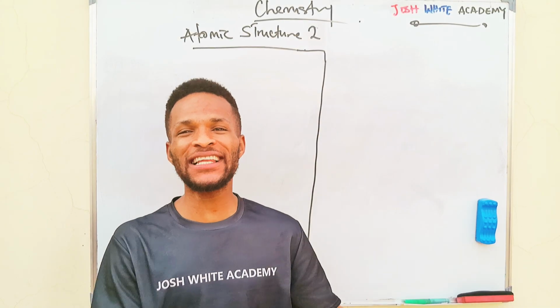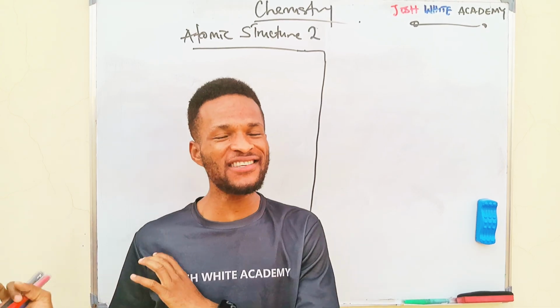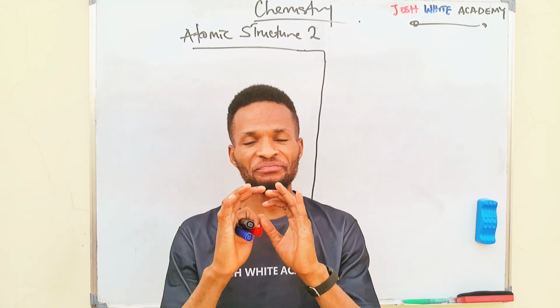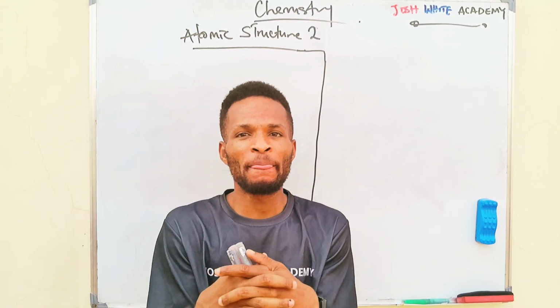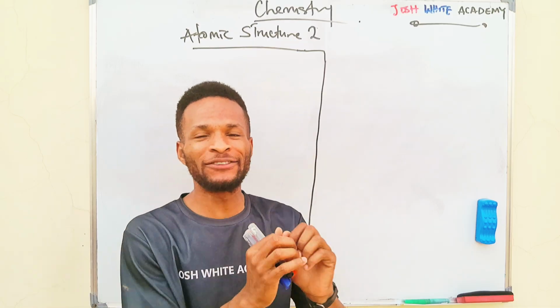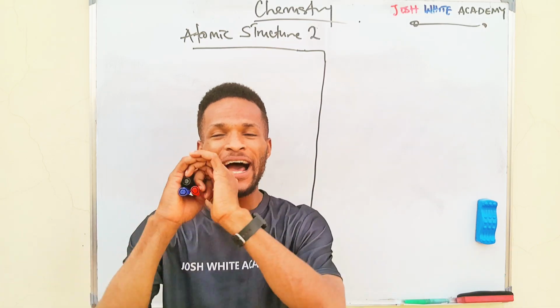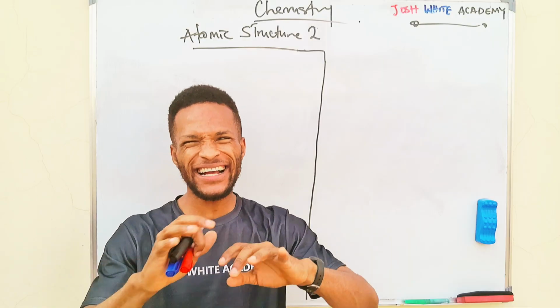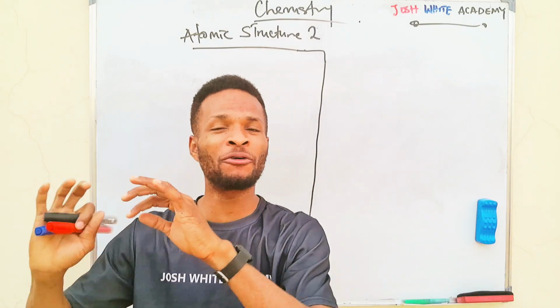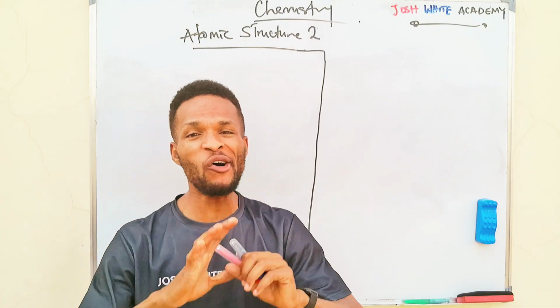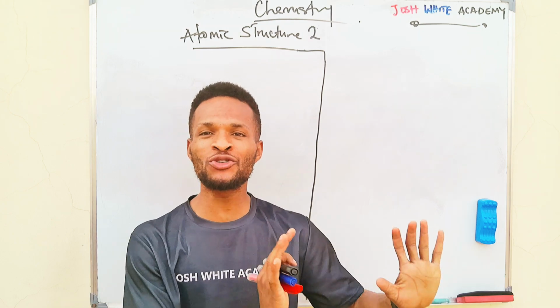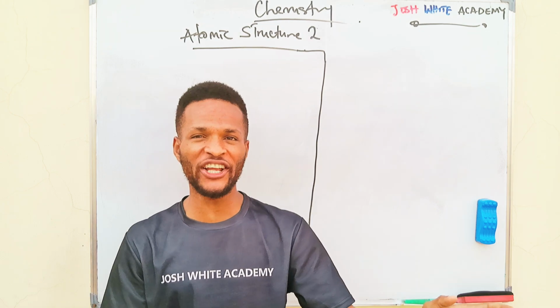Remember, in our previous class, in part 1 of this series, we explained the modification of one of Dalton's atomic theory, where it says that atoms of the same element are exactly alike in all aspects and differ from atoms of other elements. We said the phenomenon of isotopy nullifies that postulation.